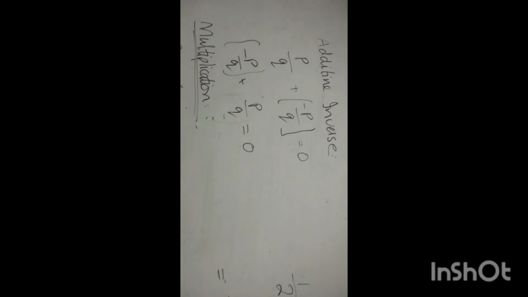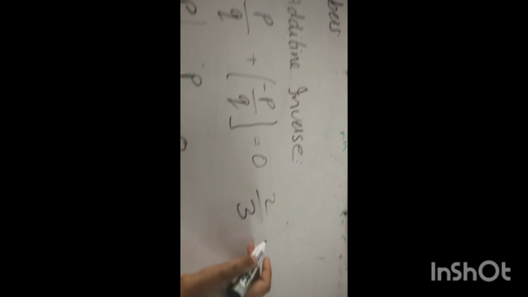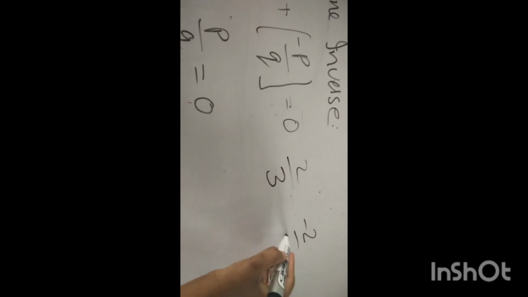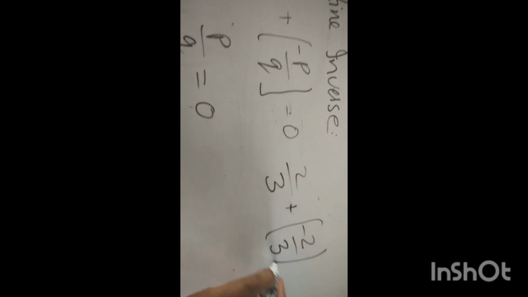The other one is additive inverse, p/q plus minus p/q. Any rational number has its inverse with the opposite sign, right. The number, let's suppose 2/3, will have inverse -2/3, right.